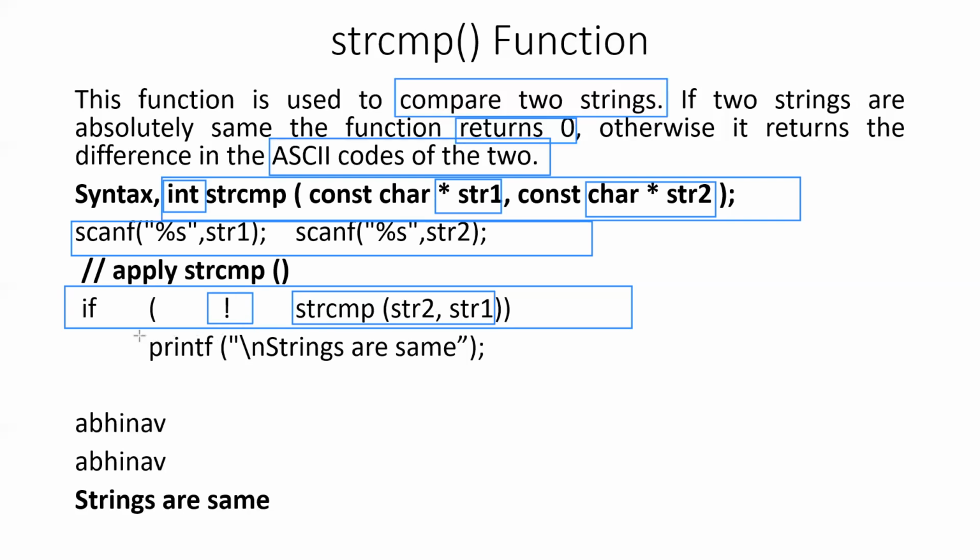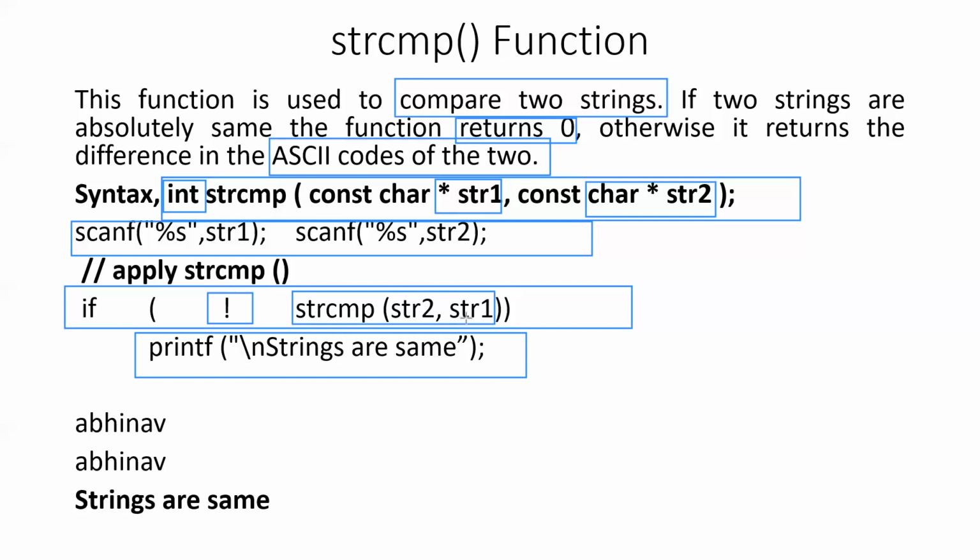So what is the output inside the if statement? Strings are same. I repeat how the evaluation of the condition part of the if statement is done. The string compare function will return 0 only if the two strings are the same, and the not will convert that 0 into 1.